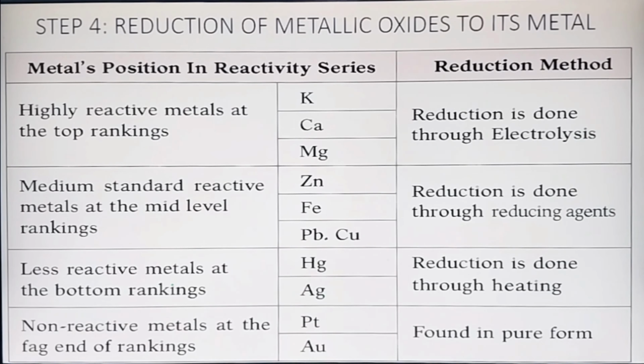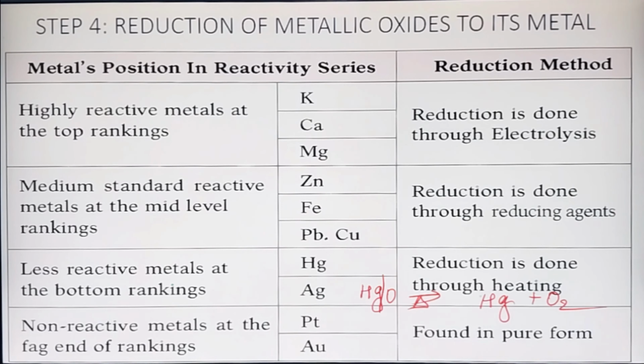For example, if I have mercury oxide, in your 7th standard, in your 8th standard, many times you must have seen this equation. How can I decompose mercury oxide into mercury and oxygen? I just have to heat it. What will I get? I will get mercury plus oxygen. Yes or no, children? Did I apply electrolysis for mercury oxide? No. Did I apply a reducing agent?